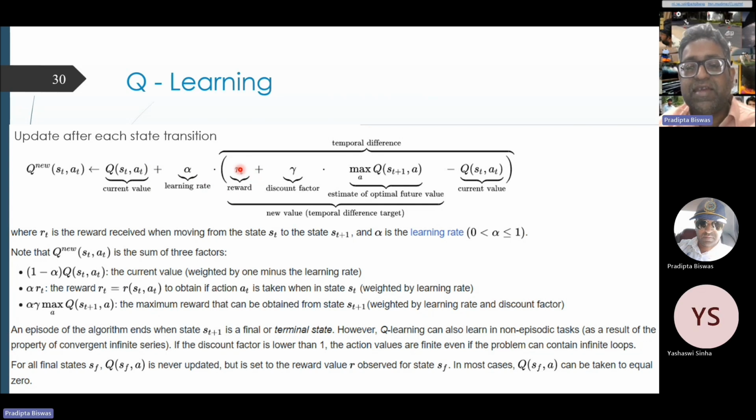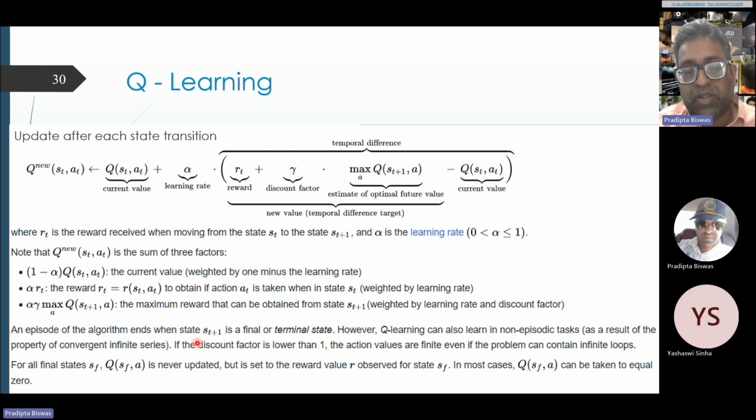This is the reward at state t, and the discount factor, like in the Bellman update or value iteration algorithm. This is the value that estimates the optimal future value. And this is the current value. This whole term is the temporal difference, which I am discounting using gamma. Then I am adding the reward of the present state to keep it within limit, and the learning rate further helps me tune the speed of learning, just like in supervised learning.